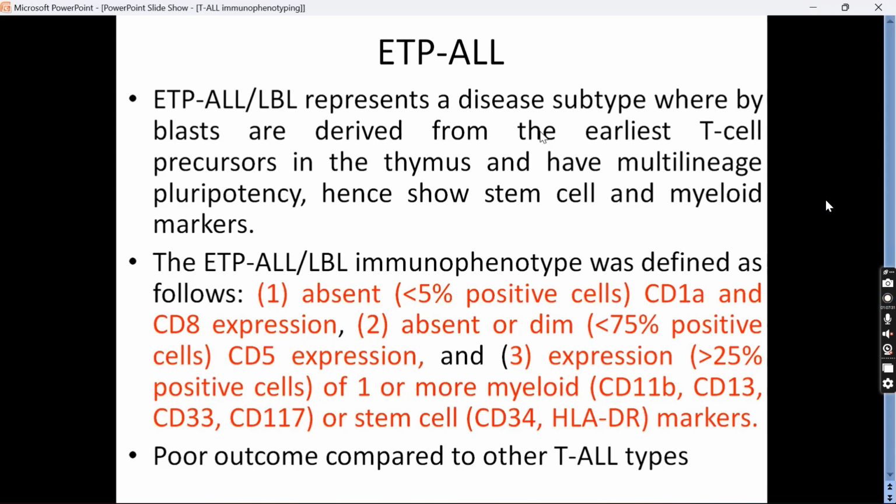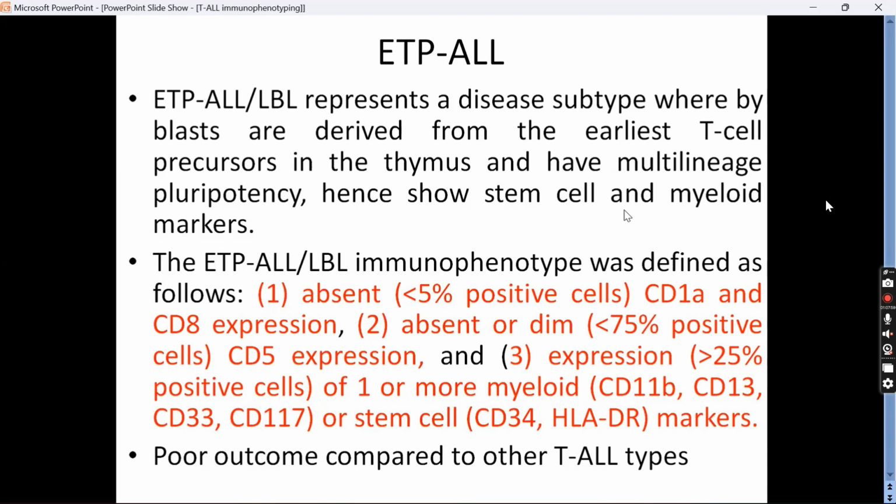Since it just arrived from the marrow, it may carry some myeloid markers, it can carry some stem cell markers. They have multi-lineage pluripotency, so they have the capability to differentiate into myeloid or any lineage, hence show stem cell and myeloid markers.